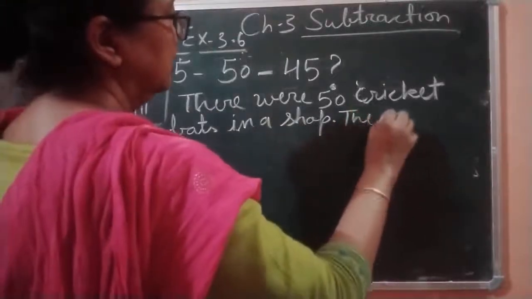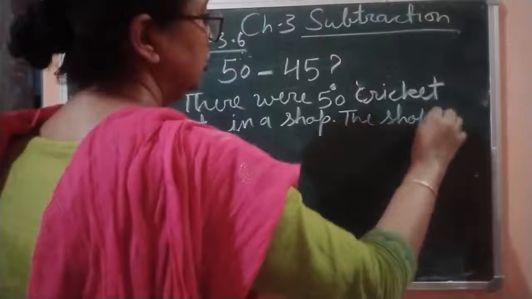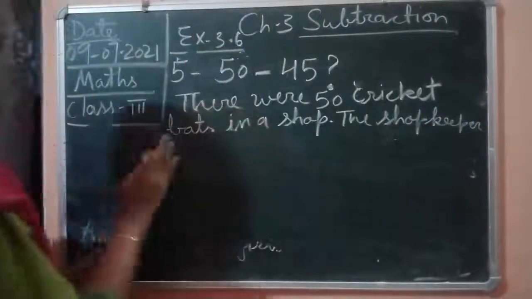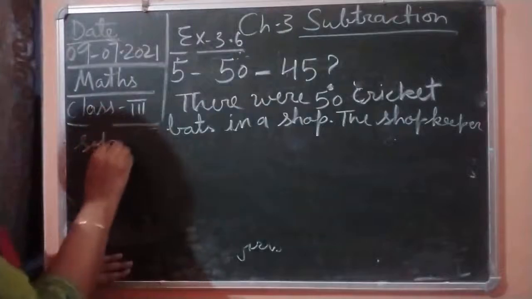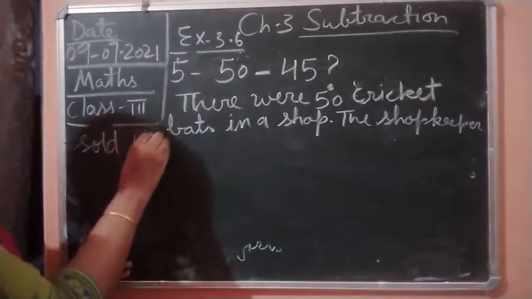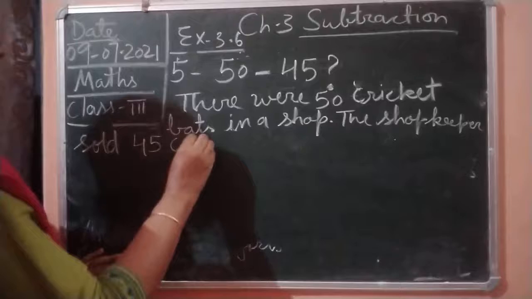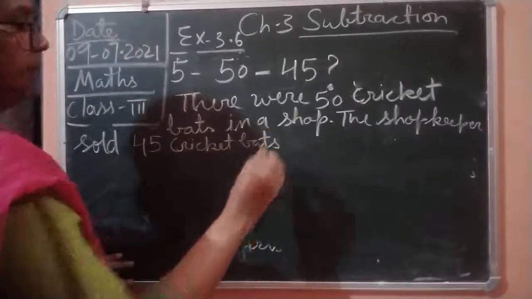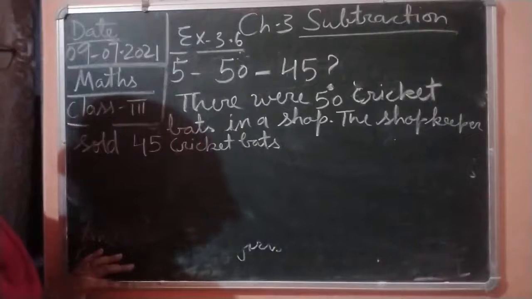Okay. Now the next line is the shopkeeper sold 45 cricket bats. Okay, sold 45 cricket bats.